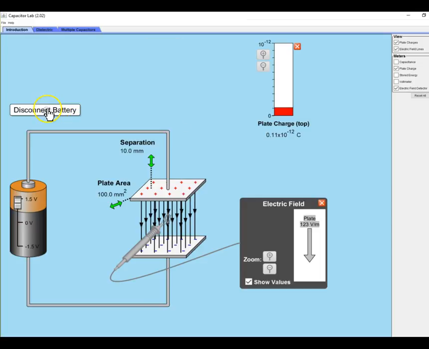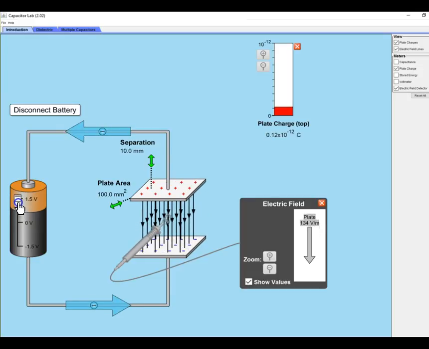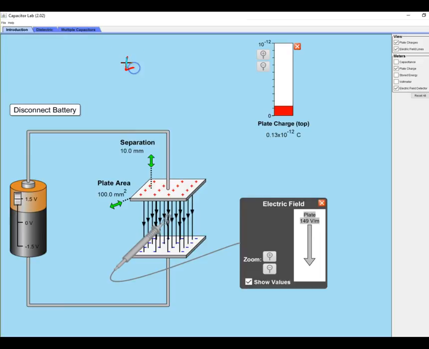Let's connect the battery again, and let's see how the electric field varies with voltage. Looks like as you decrease the voltage, you decrease the electric field, and as you increase the voltage, you increase the electric field. Earlier in the notes, we had derived the formula E is equal to the change in voltage divided by the change in R, or X. And technically we were using the absolute value of that because there was a negative in here.